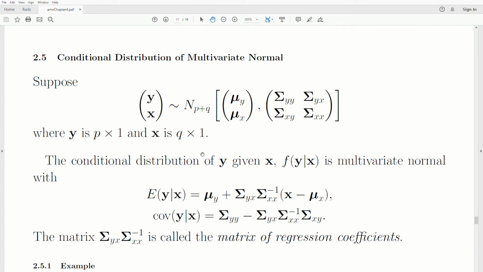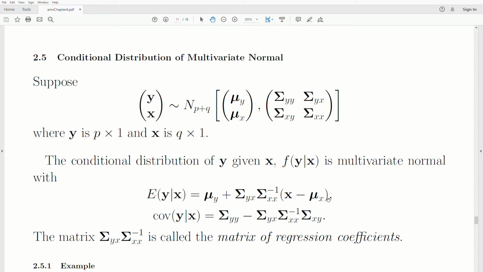Now the conditional distribution of y given x, which we'll call f of y given x, is multivariate normal with a mean given by this expression here: the mean of y plus the covariance matrix of y and x, which is this upper right block, times the inverse of sigma xx, times x minus the mean of x.